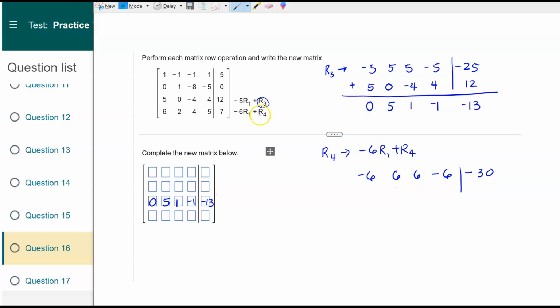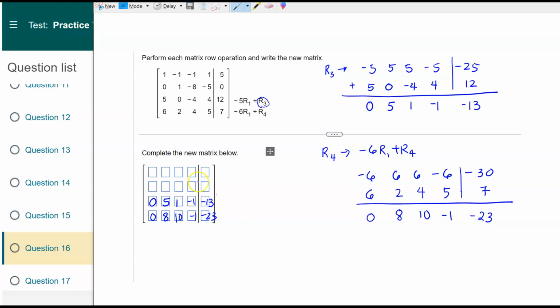Then you're going to add that to row 4. So row 4 is 6, 2, 4, 5, 7. So when you add this, you have 0, 8, 10, -1, -23. This will be your new row 4. So row 4 is 0, 8, 10, -1, -23.